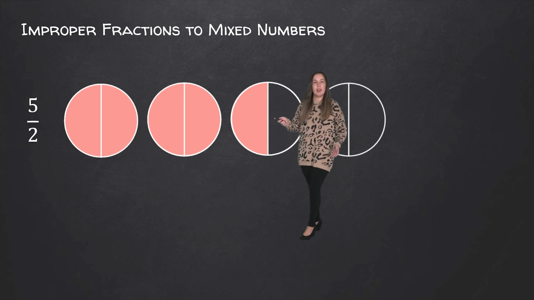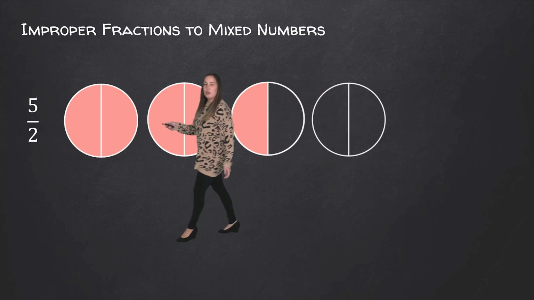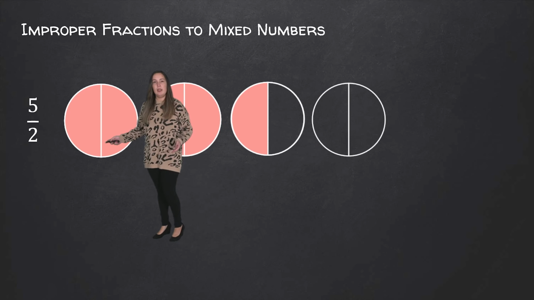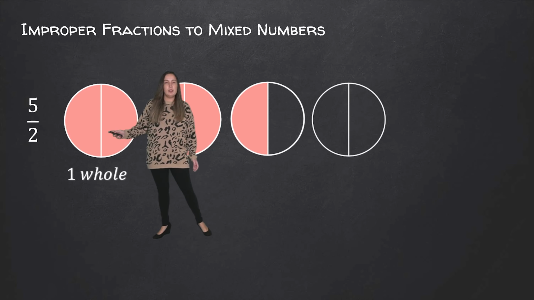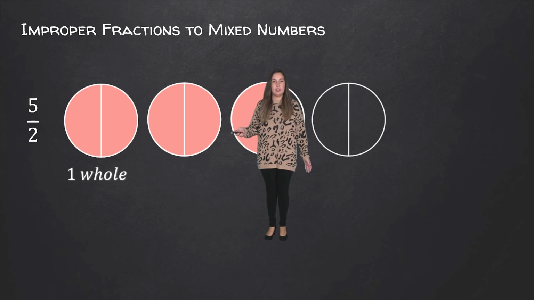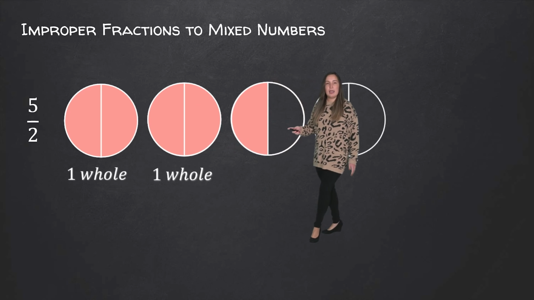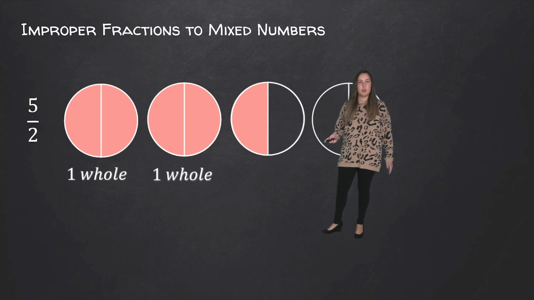So now that we have 5 parts shaded in, notice that the first circle is completely shaded in, making that a whole. Notice that the second circle is also completely shaded in, making that another whole. And now here, our last circle, only 1 out of 2 parts is shaded in, so we'll write 1 over 2.